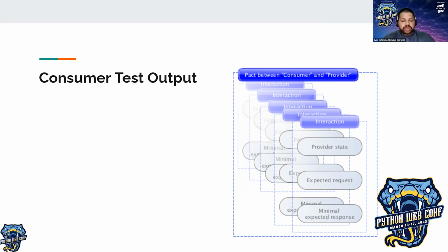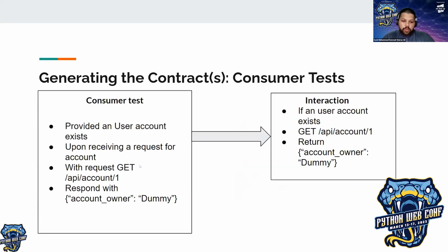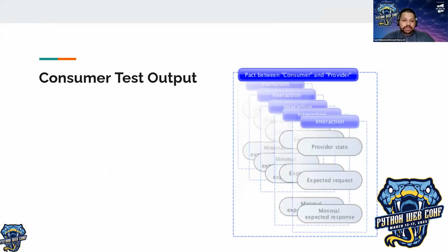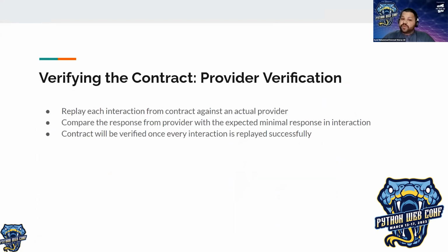Each interaction will have information like what URL we are hitting, what the request type is, and what response we are expecting. It will also test the unit test code, but it provides us a contract that contains those interaction details. Once we have that contract, we'll verify it against the provider service.